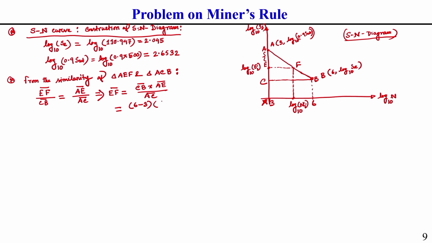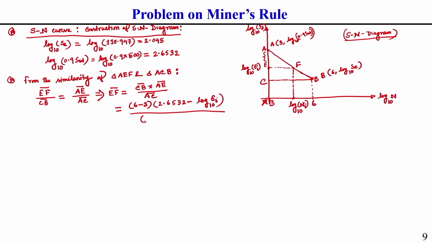A is given as 2.6532, and log 10 sigma i is at E, divided by AC.